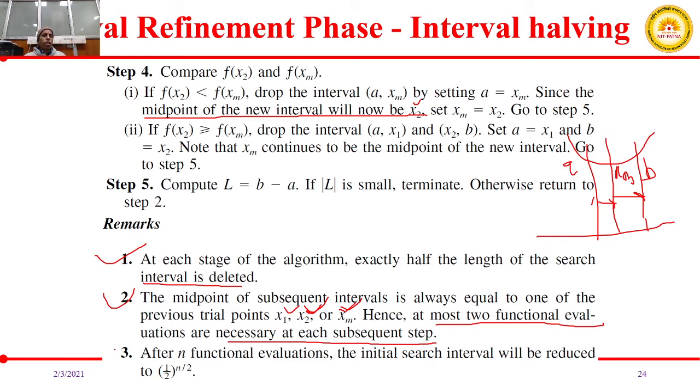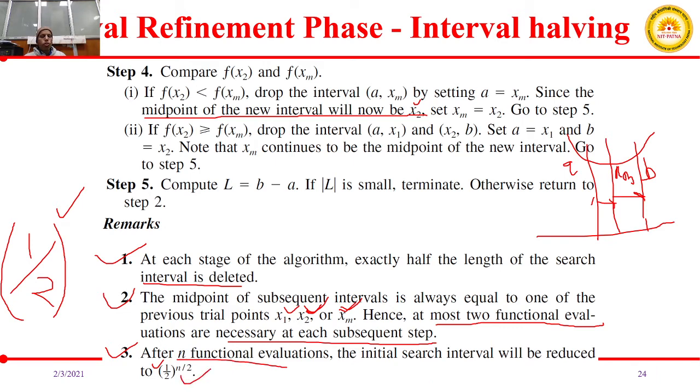Okay, so there is another third condition. After n functional evaluations, the initial search interval will be reduced to (1/2) raised to the power n/2. Okay, so at each stage, half of your search interval is getting deleted. So after n functional evaluations, what will be the search interval?